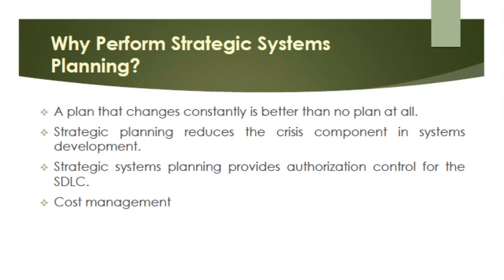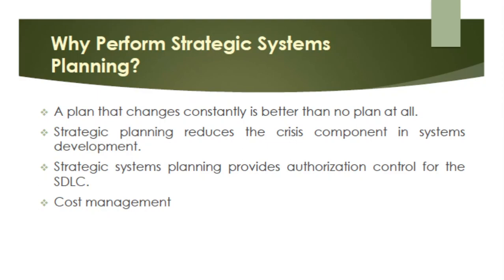Now, in the absence of a plan, the trigger that stimulates system development is the recognition of a problem. So often, the problem reaches a crisis level before it receives attention, which adversely affects the quality of the solution. So strategic planning provides a structured means of separating legitimate needs from desires, and needs versus your problems.